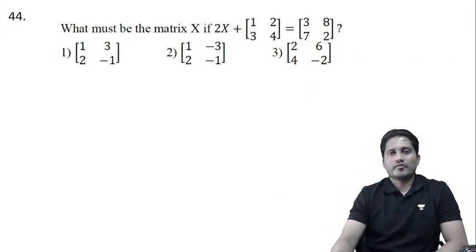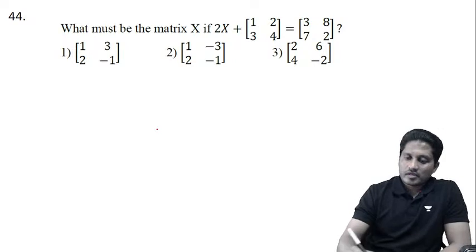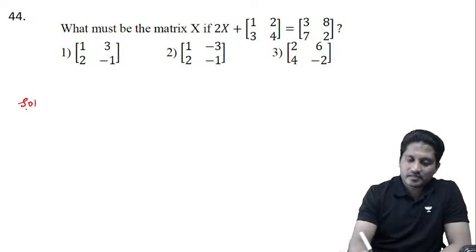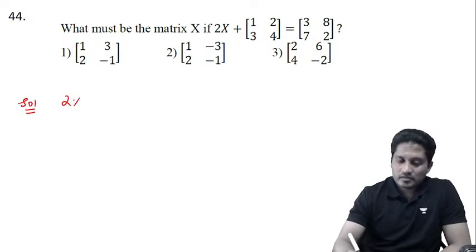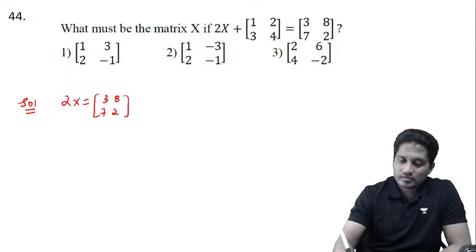Question number 44. I'm supposed to find out matrix X, right? Now 2X is equal to matrix 3 8 7 2 minus matrix 1 2 3 4.